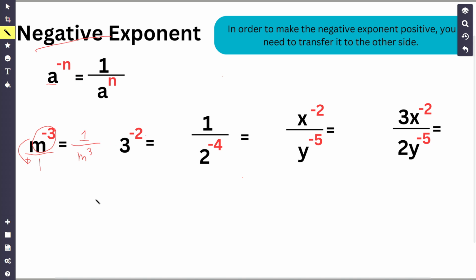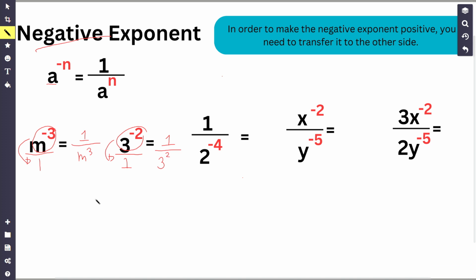So how about if we have a number? Same thing. It's just as if we're going to get the reverse. So this is 3 raised to negative 2 over 1, and then you put this one below, and this will become 1 over 3 raised to 2.